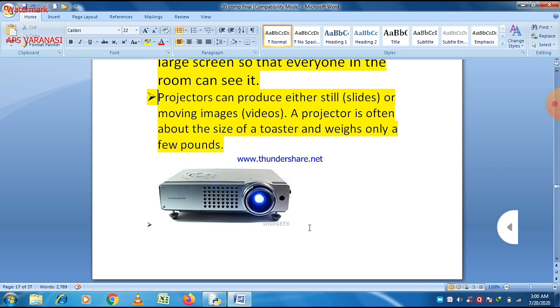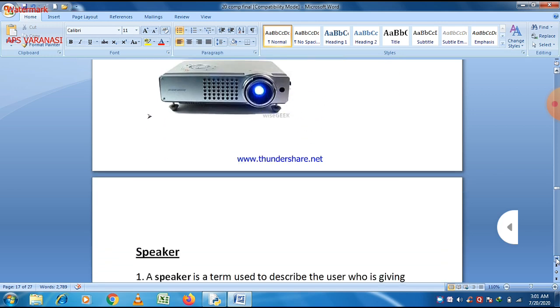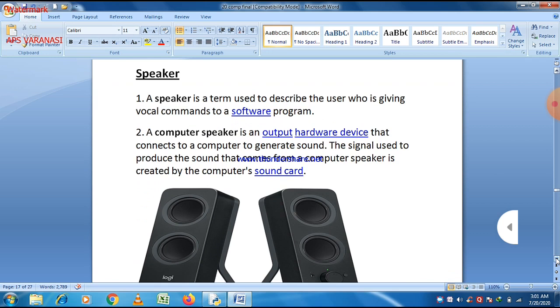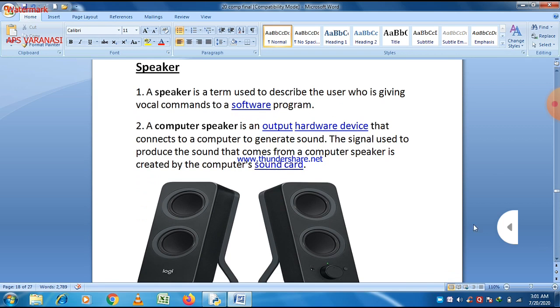A projector is simply an output device which projects the output on a screen or a wall, and we can produce still slides or even moving images, videos, using a projector. So the use of a projector is in a classroom, to show a movie, or in a theater, or in a personal theater room. These are the different uses of a projector.